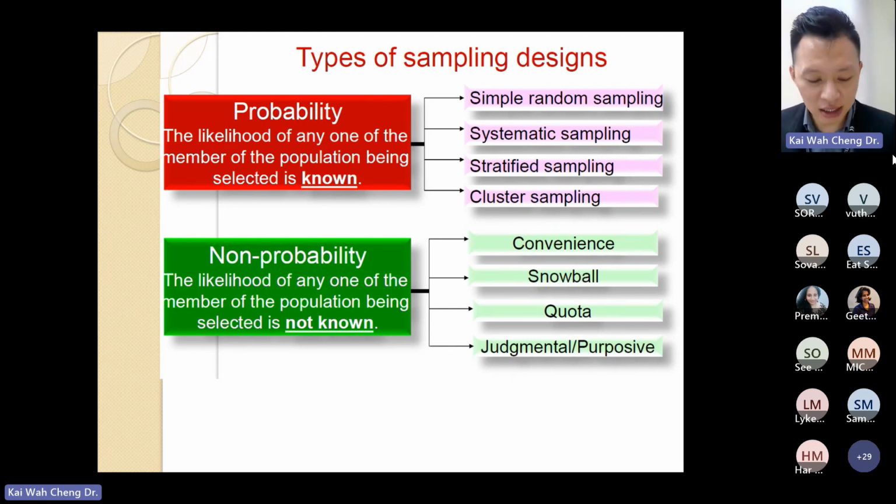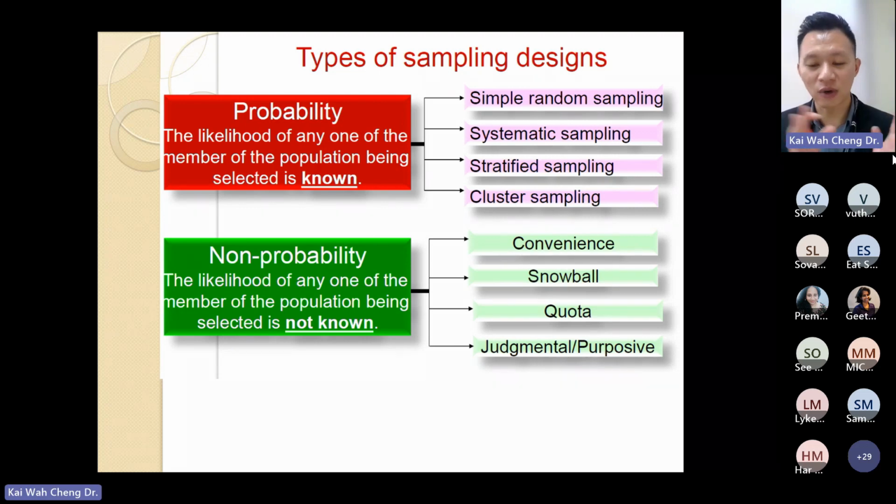But for your case, maybe you have to use Krejcie and Morgan, because if you look at the table, you can estimate the actual population size, and then you will be able to determine the suggested sample size from the Krejcie and Morgan table. Okay, that is for sample size.